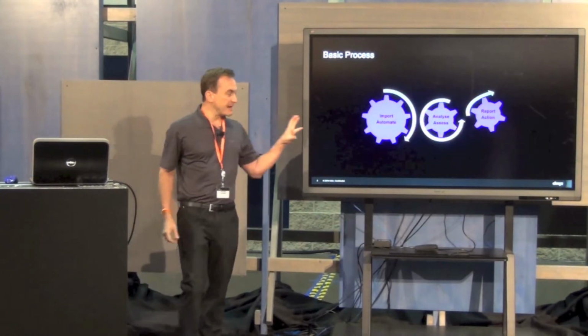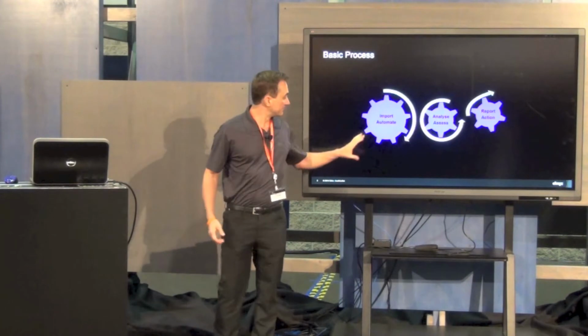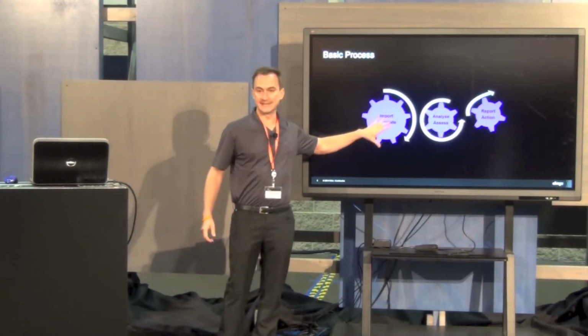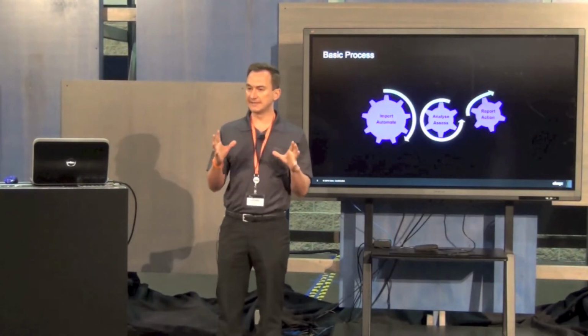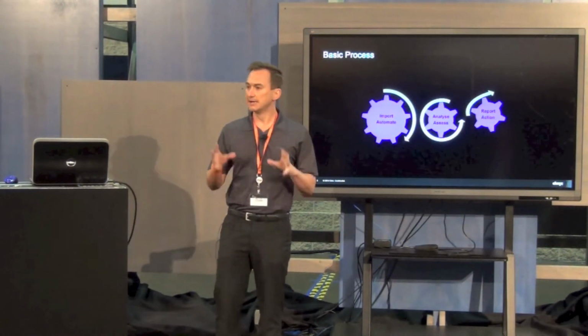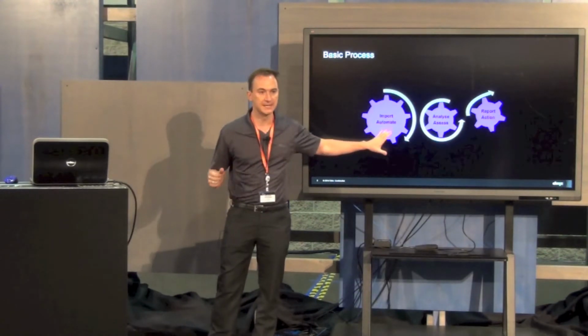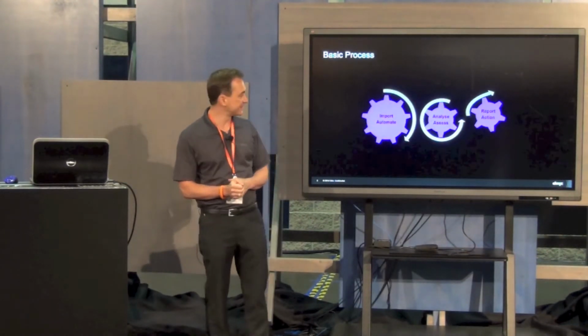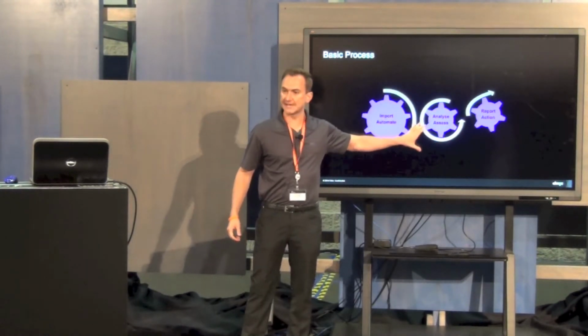So the basic process is divided into three phases. The first one is the import or automate phase, which is really about loading that application DNA into the database. That's really where we crack open the installers and extract all of the metadata. The next phase is the analyze or assessment phase.